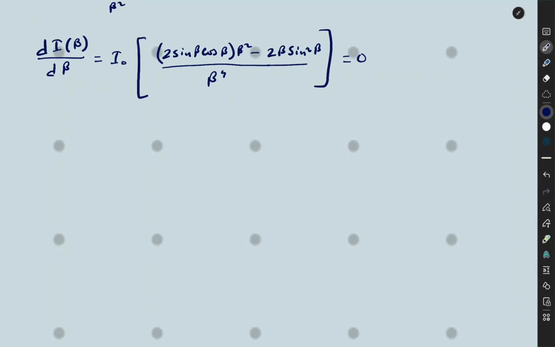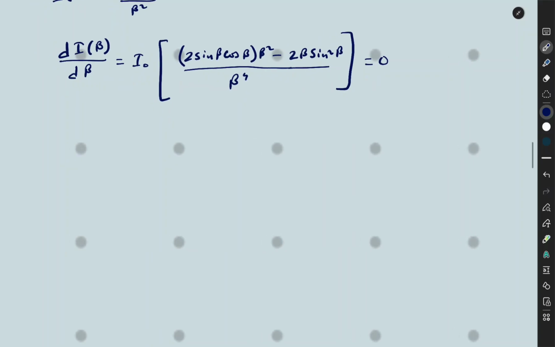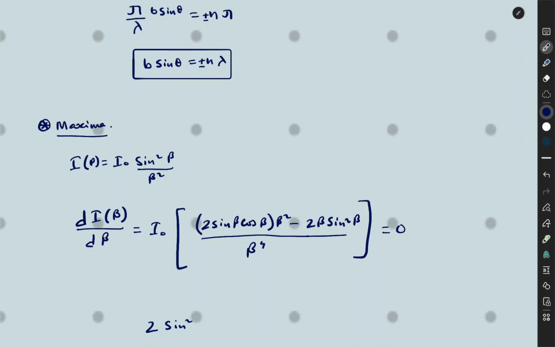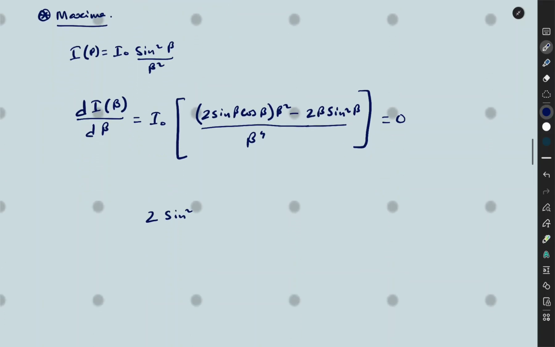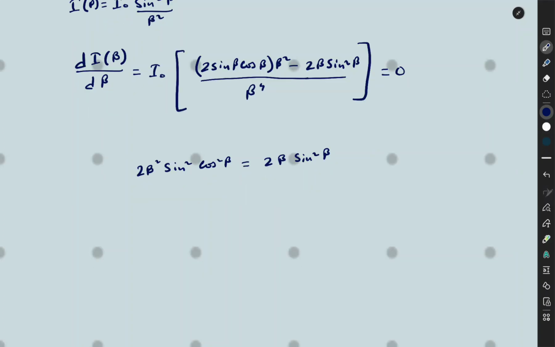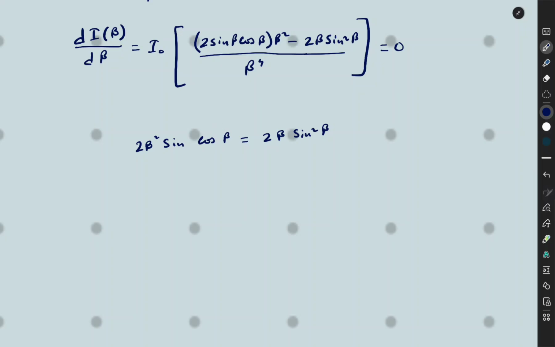Therefore we get the condition: 2 sine beta cos beta into beta square minus 2 beta sine square beta equal to 0.